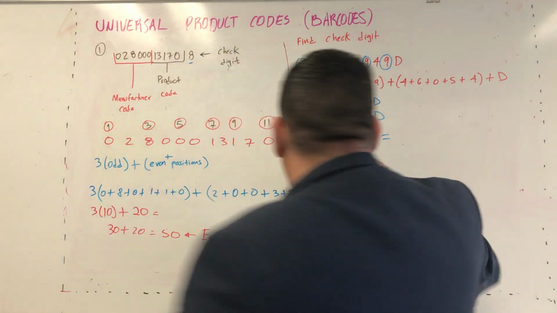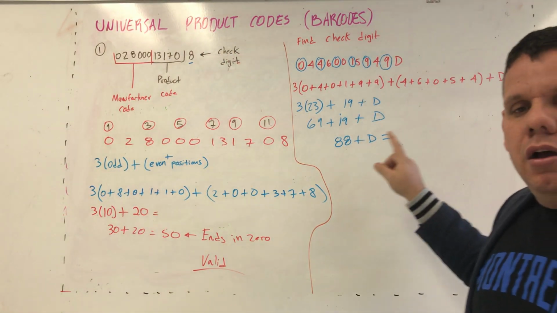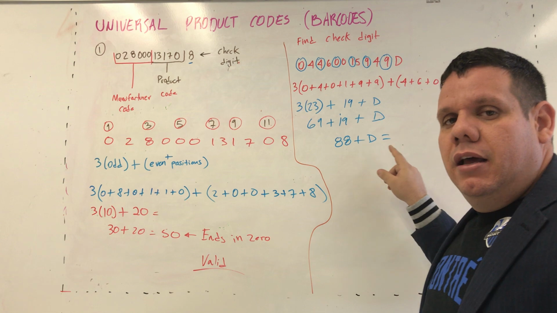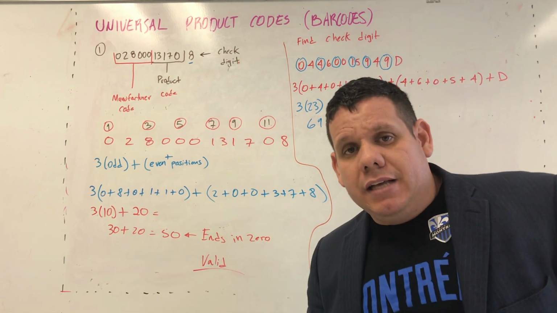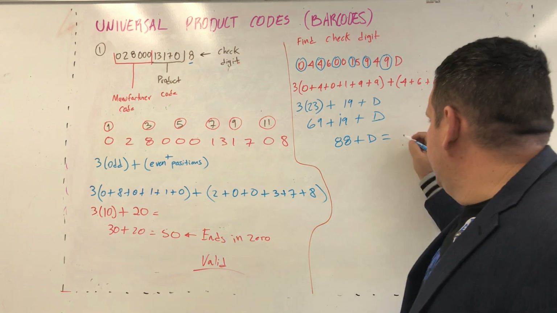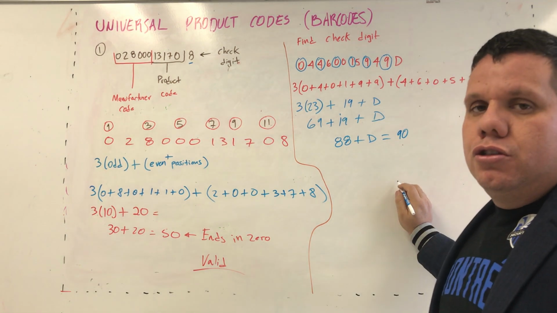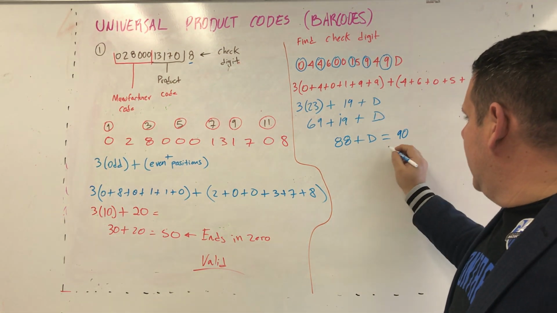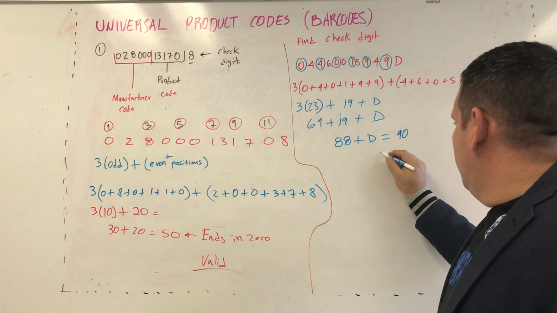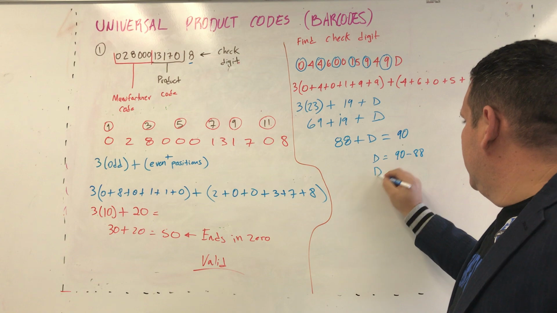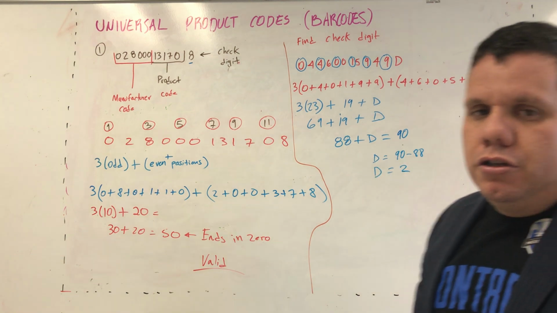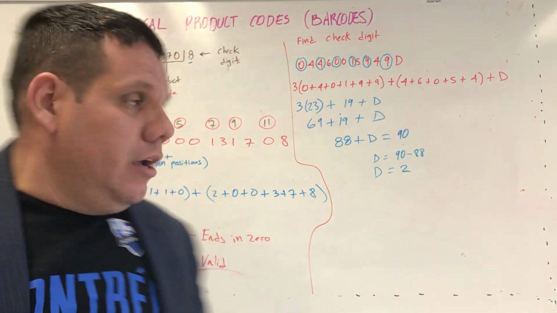If you move ahead, what is the next number ending in 0? Yes, the next number ending in 0 is 90. So what do you need to get a 90? Well, D equals 90 minus 88, D equals 2.